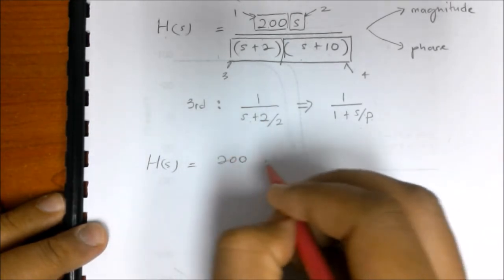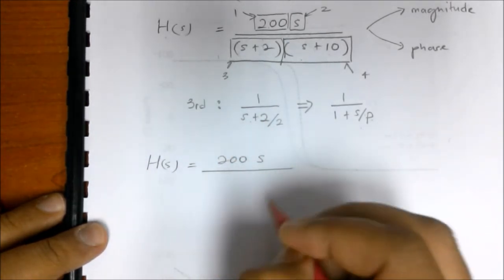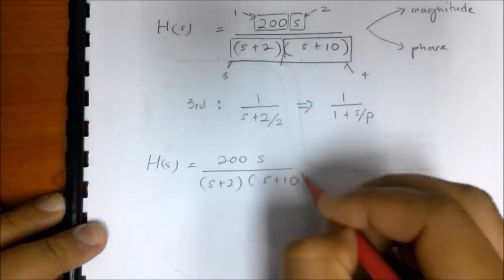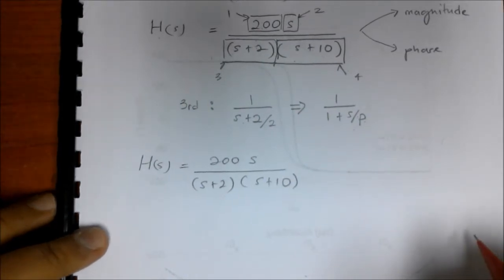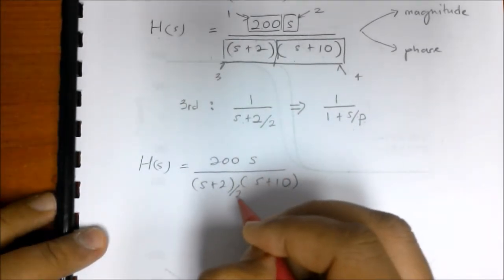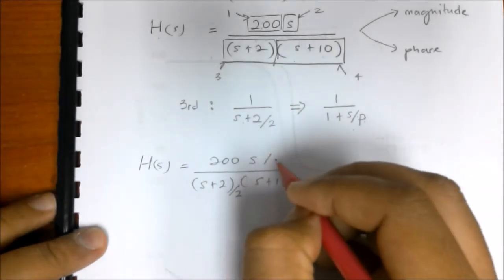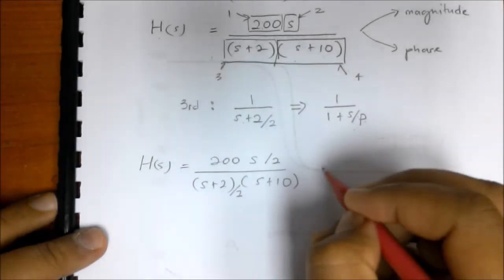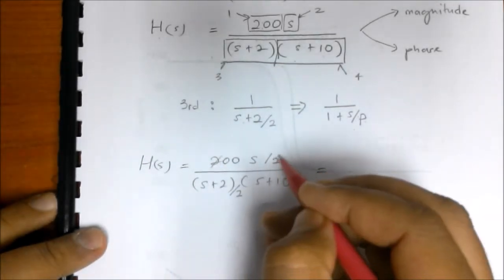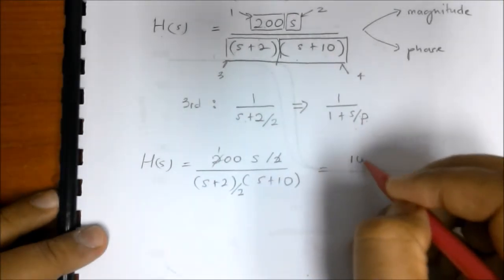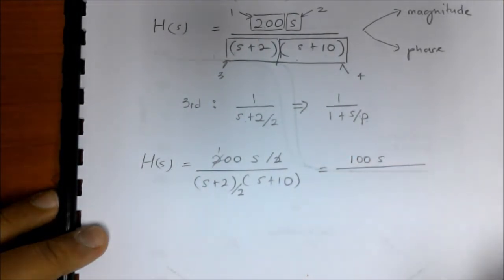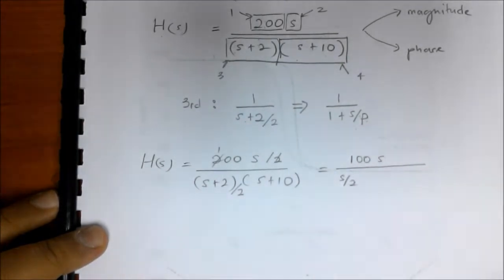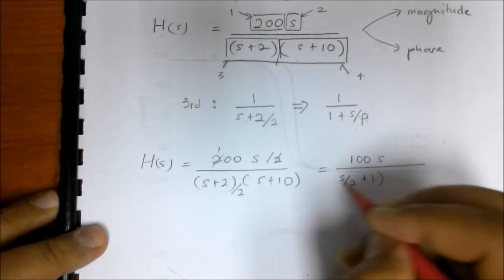We have 200, s, s plus 2, and s plus 10. Here we need to divide by 2, so we need to divide by 2 as well for the numerator. Now you get 100s, and here we have s over 2 plus 1.